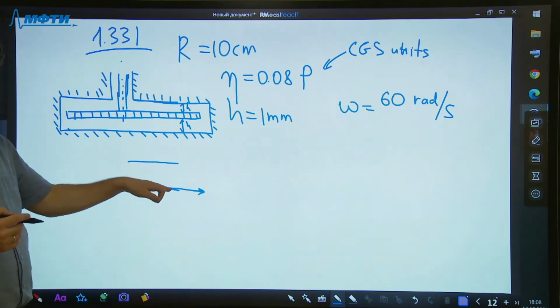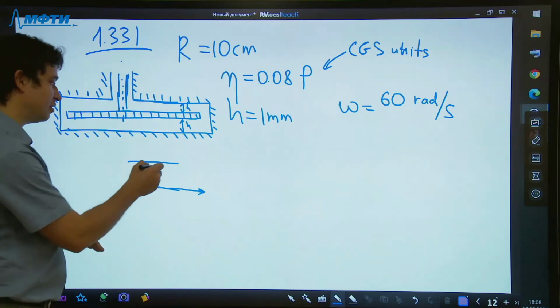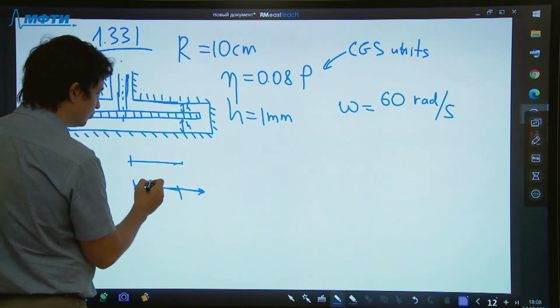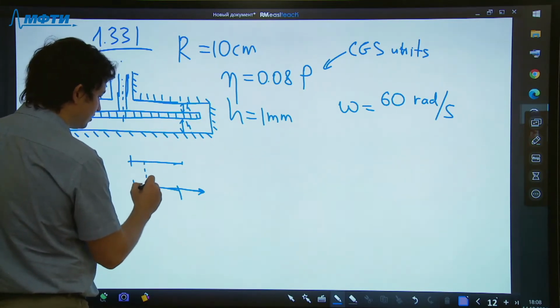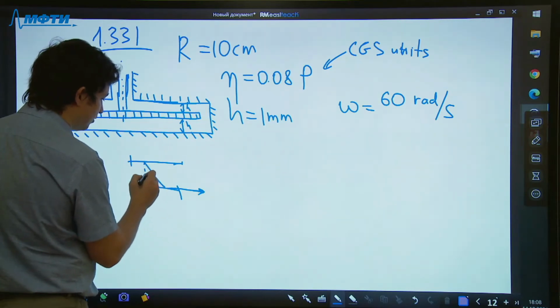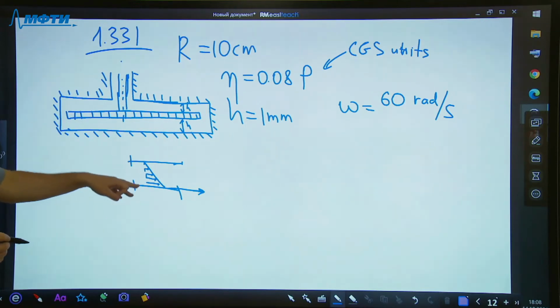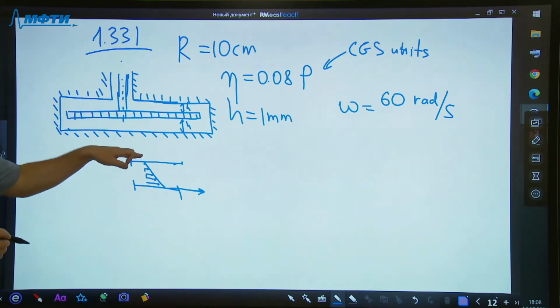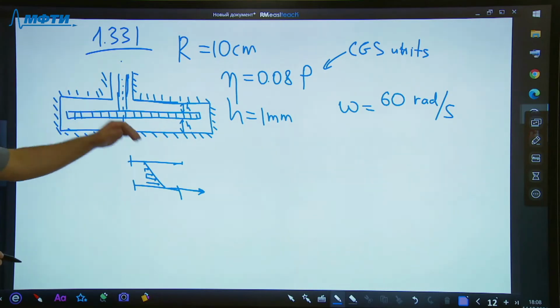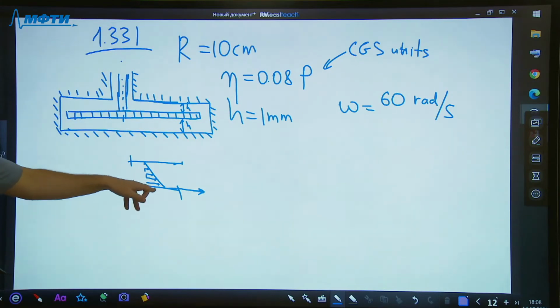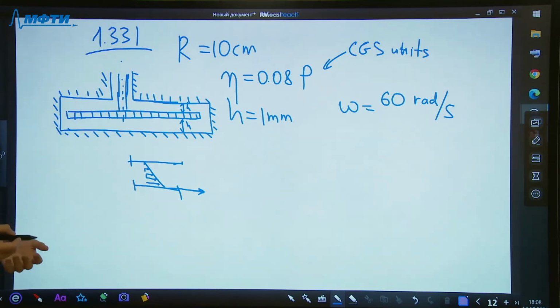One plane moves at some velocity while the other is kept at rest, with a liquid in between, so the velocities of the liquid have this kind of a profile between the resting part and the moving part. But different parts of the disk move at different velocities, so the shear stress produced by the viscosity is different at different parts of the disk.